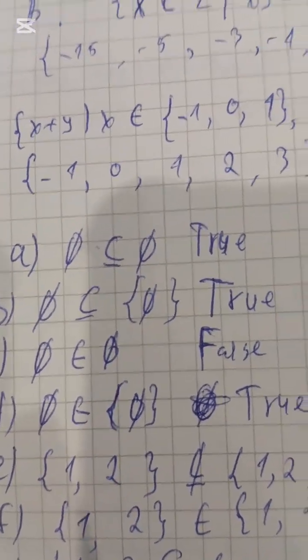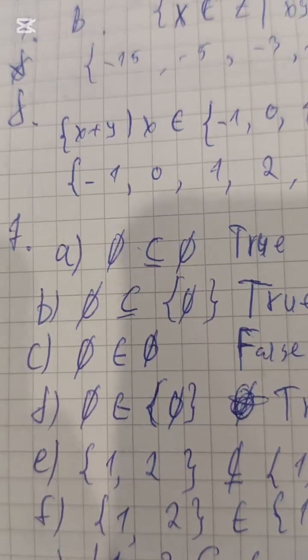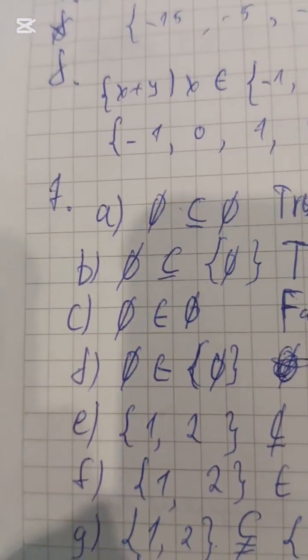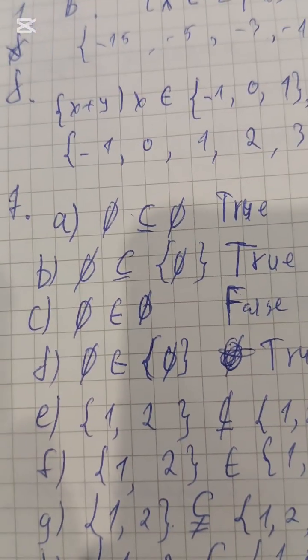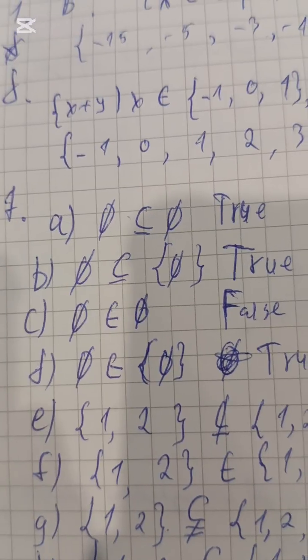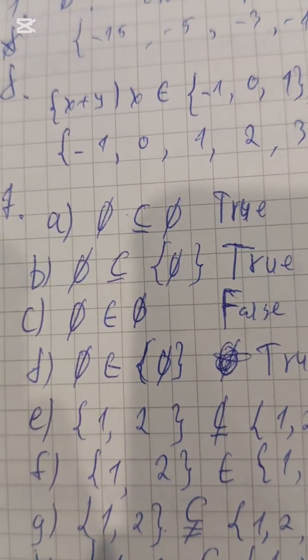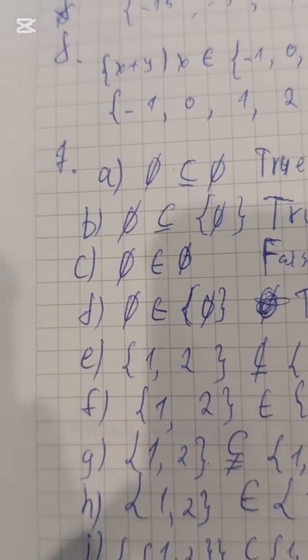That's true because in this set there is a nothing, so nothing can be in this set, so it's true. Nothing equivalent to nothing, it's false because nothing is equivalent to all of the sets and not equivalent to itself.